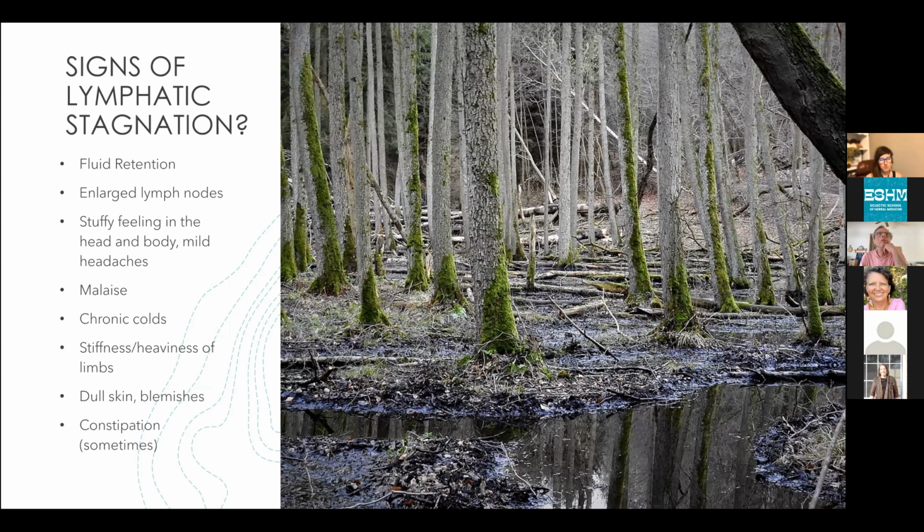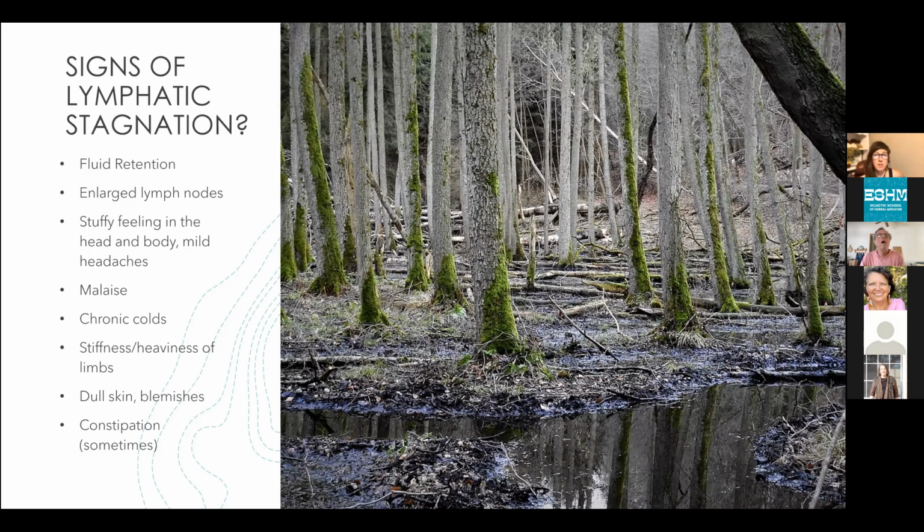In terms of lymphatic stagnation, we can also see dull skin, and sometimes blemishes, acne and boils can come up. There is a liver component to blemishes and skin things as well, but there is also a lymphatic stagnation component. And also sometimes constipation.